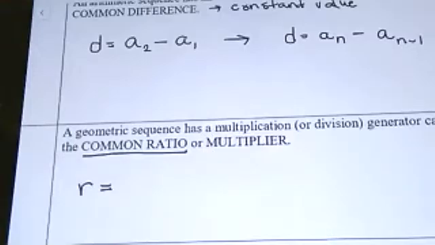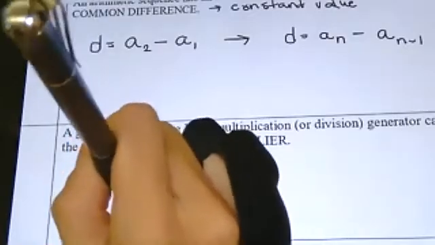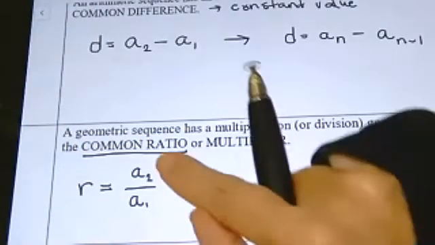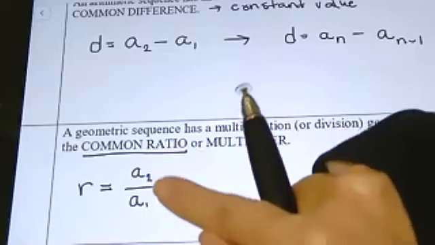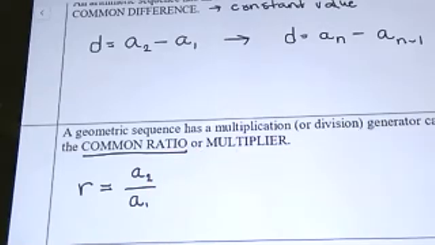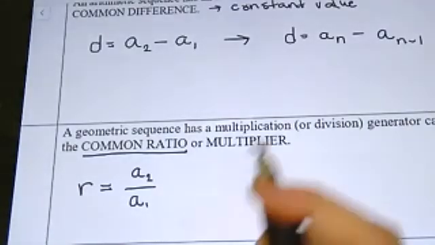And common ratio means divide. So take the second term and divide by the first term, and you will get a common ratio. A ratio literally means what you get when you divide. When you divide two numbers, it's a ratio. So that's why it's called a common ratio, because you calculate it by dividing two numbers.